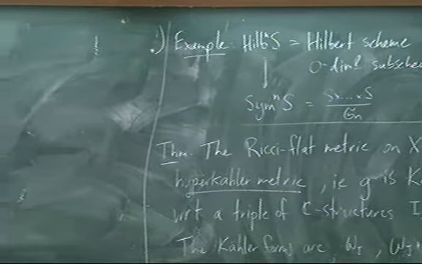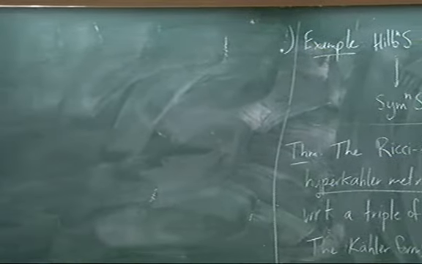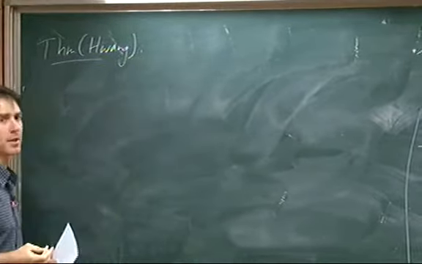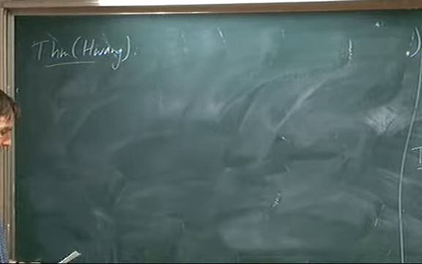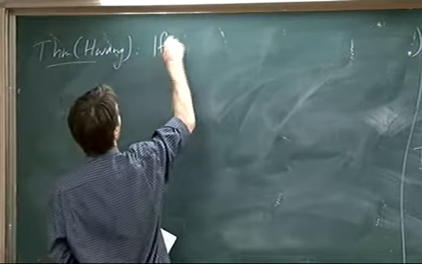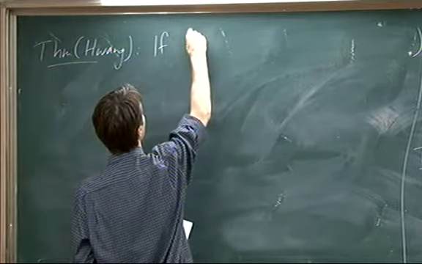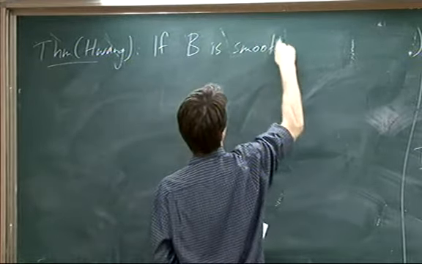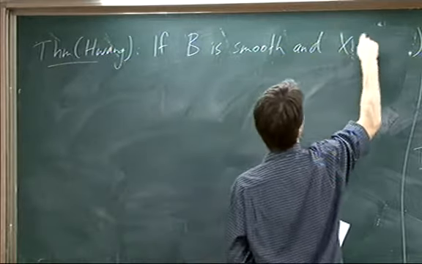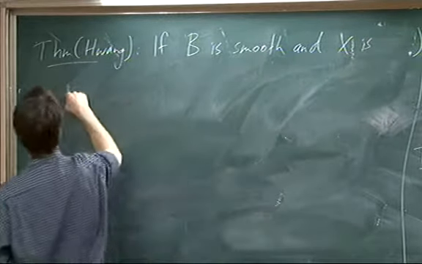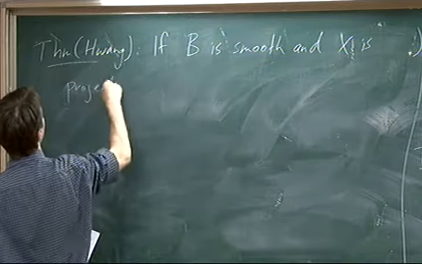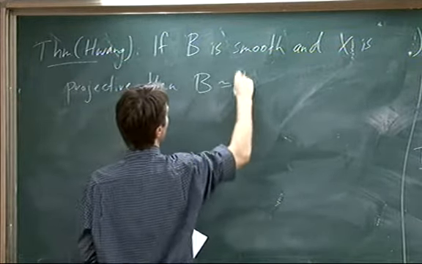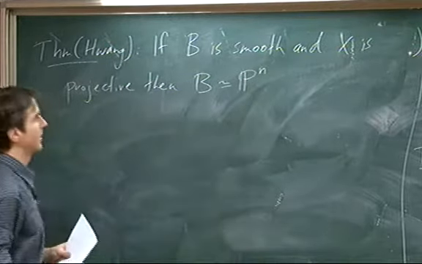Okay. So also, Matsushita proved some other results about the base of the fibration, and it's expected that it'll be projective space. And Huang proved that if B is smooth and X is projective, then the base is complex projective space of dimension n.